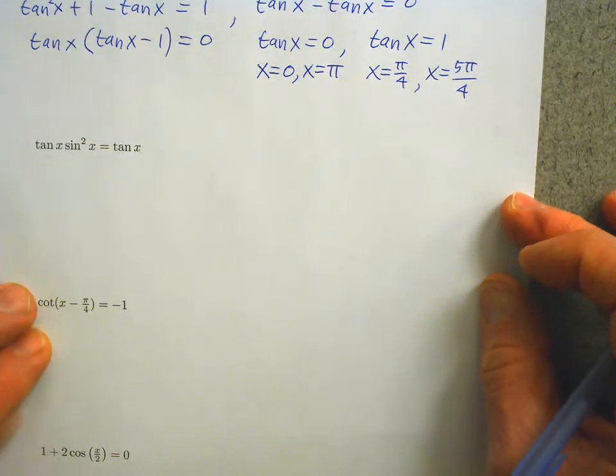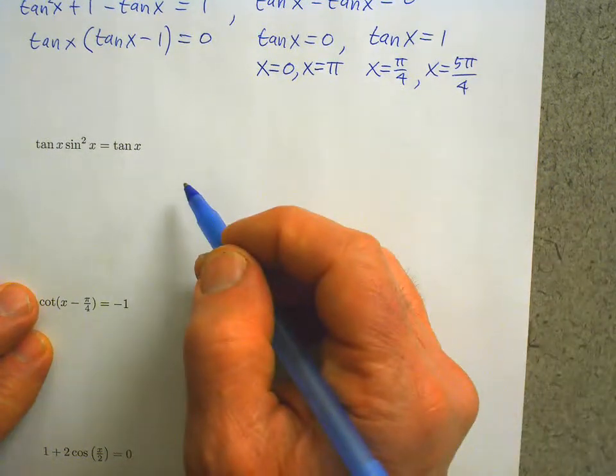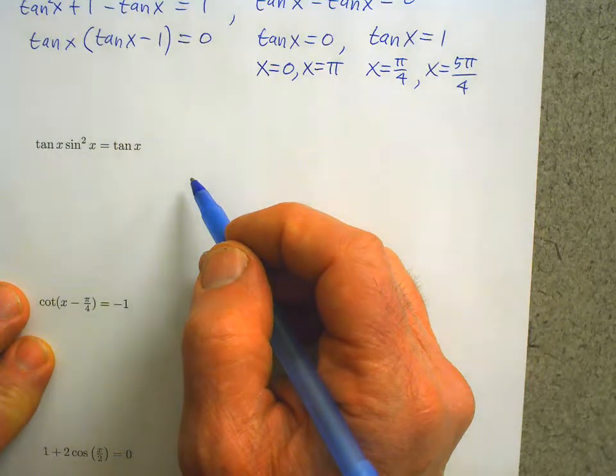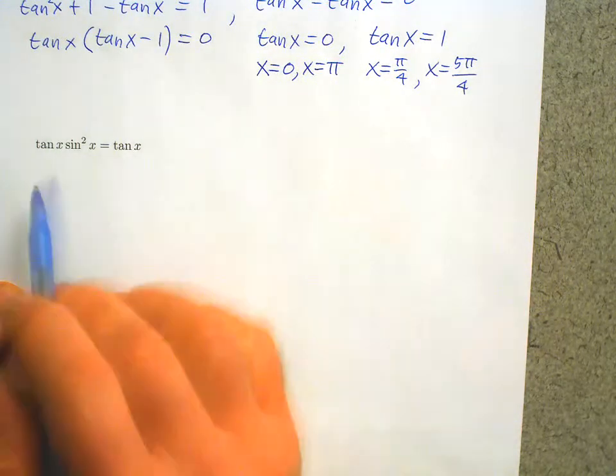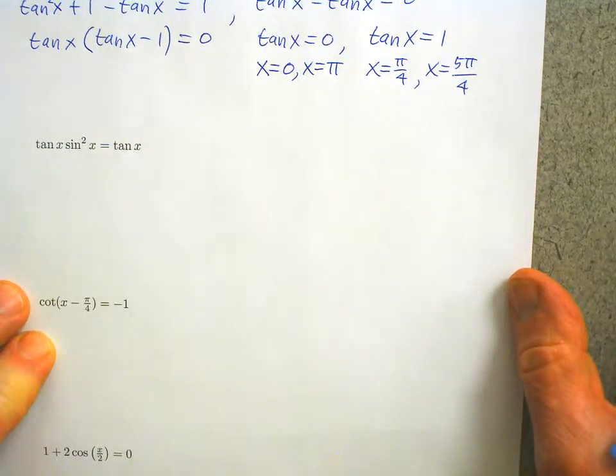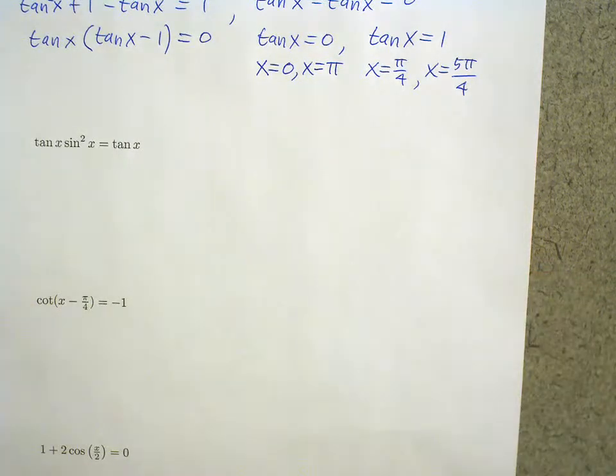Okay, this one, let's set one side equal to 0. You might be tempted to divide both sides by tangent of x, but you don't ever want to do that because you'll most likely annihilate one of the solutions by doing so.